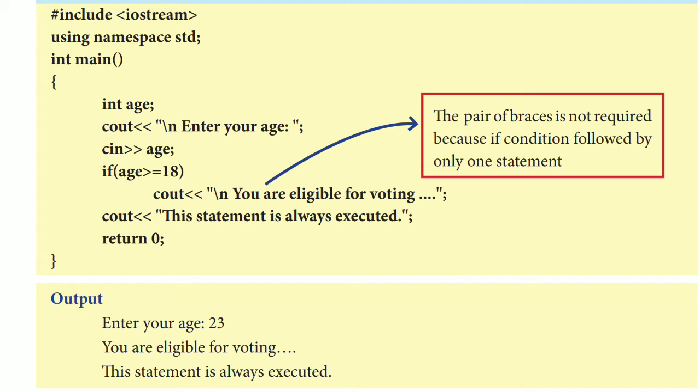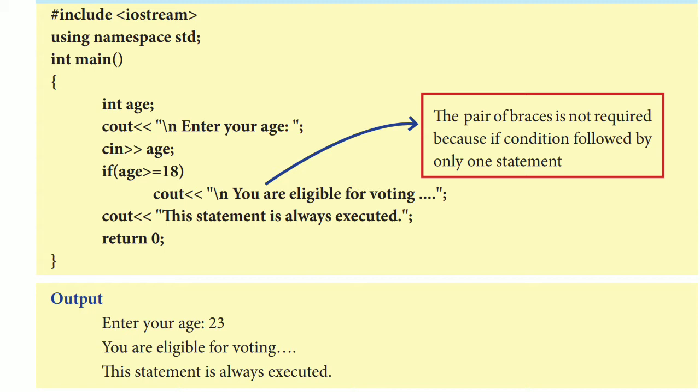In that we are creating age, a variable that contains integer values. Now you are asking the user to enter an age. That age is stored: the user enters the value, and the C++ compiler will get the value and store it in the age variable.